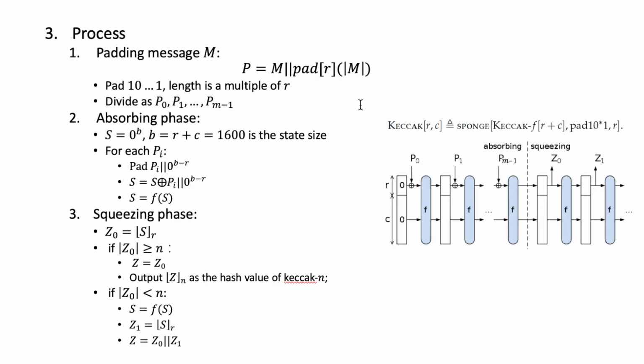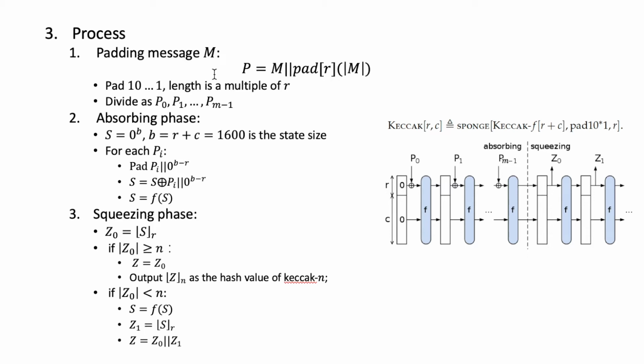Now let's see how the function actually works. First we need some padding, and as defined here, we pad the message. We start with the bit 1 and many zeros, and end with another bit of 1.